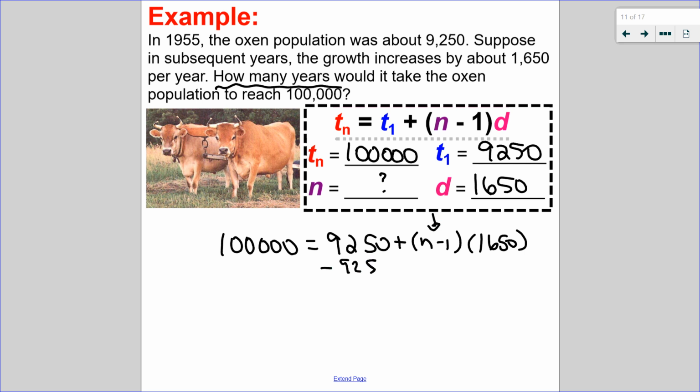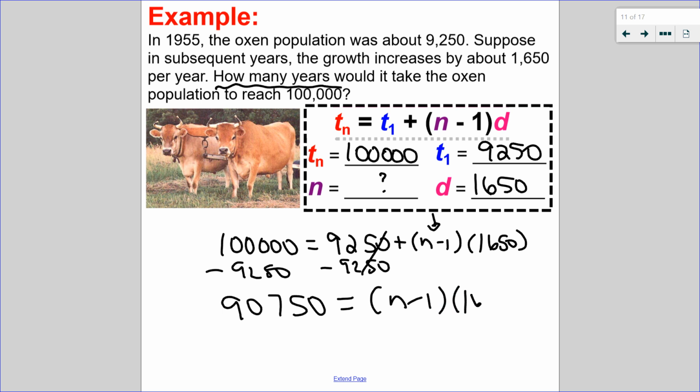So I'll start by subtracting 9,250 from both sides. So I do 100,000, take away 9,250, and I get 90,750 equals (n minus 1) times 1,650. So resist the urge to distribute this inside the brackets because that just adds an extra step.